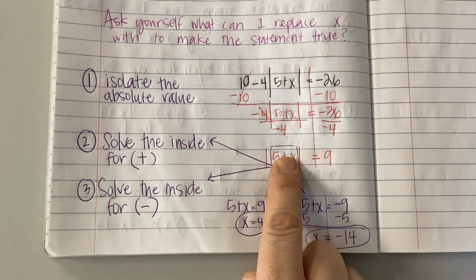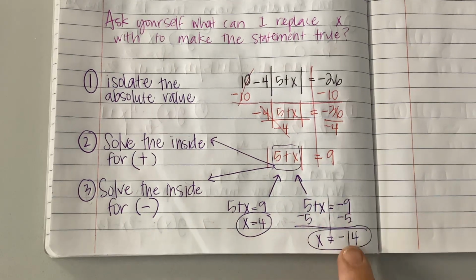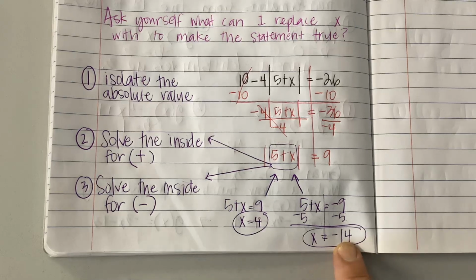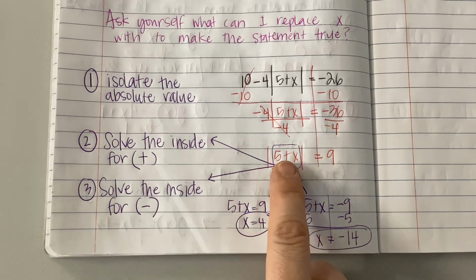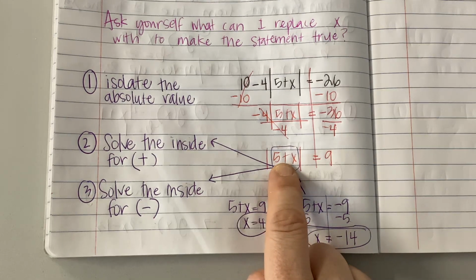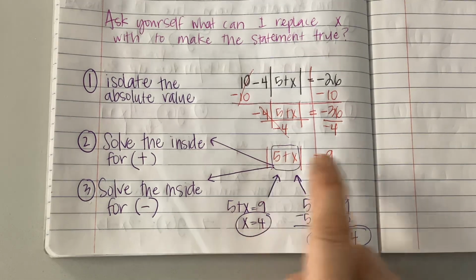And what's the absolute value of 9? 9. If I put negative 14 in for x, what's 5 plus negative 14? Negative 9. And what's the absolute value of negative 9? 9.